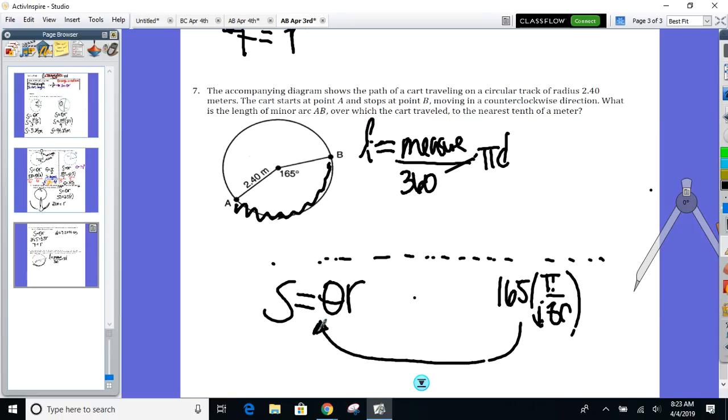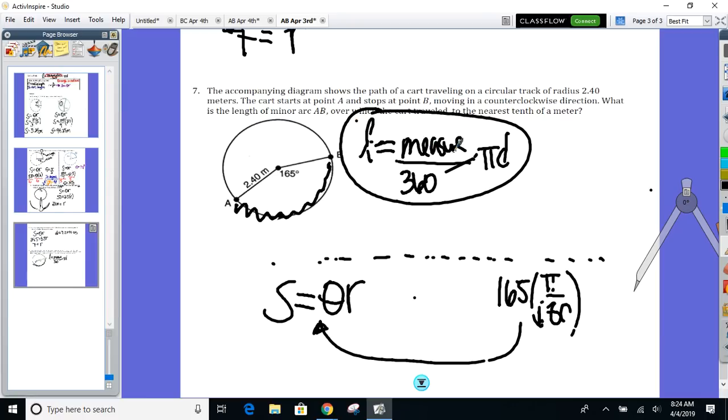All right, so you do not have to remember both formulas. If you're S equals theta R, fine. Just make sure you can convert degrees to radians. If you like this formula better, keep that formula, but make sure you can go from radians to degrees because that's what you have to plug in for this measure.